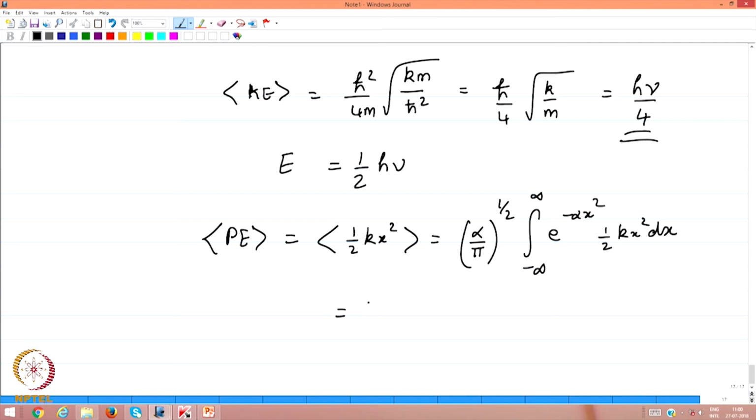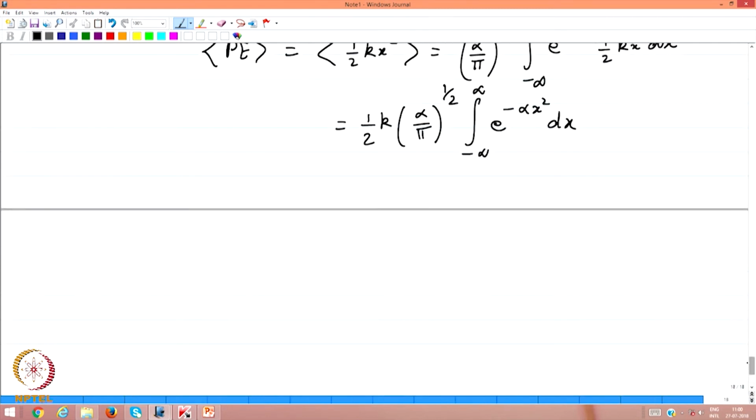So what you have is 1 by 2 k alpha by pi to the 1 by 2 times the integral of x square e to the minus alpha x square dx, and this value you know already, it is 1 by 2 alpha square root of pi over alpha.